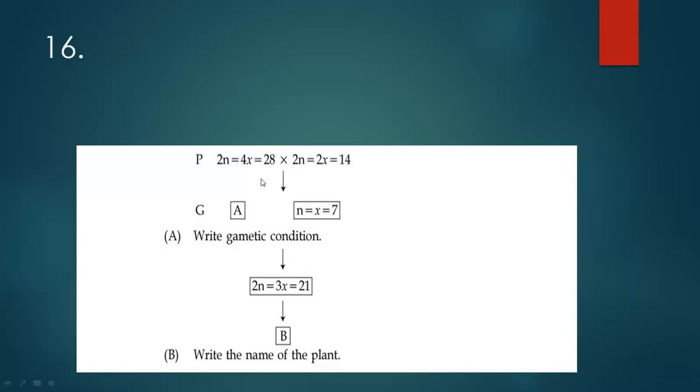In this cross, Triticum durum is crossed with Secale cereale, Triticum durum with 28 chromosomes and Secale cereale with 14 chromosomes. The gametic constitution of A, and the name of the plant in the end of F2 generation. These 2 are the questions for you.